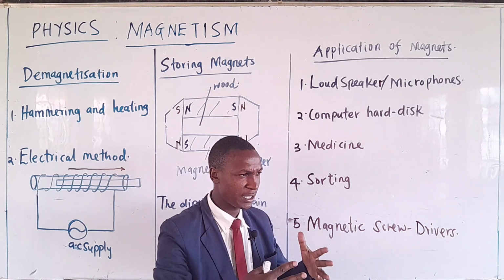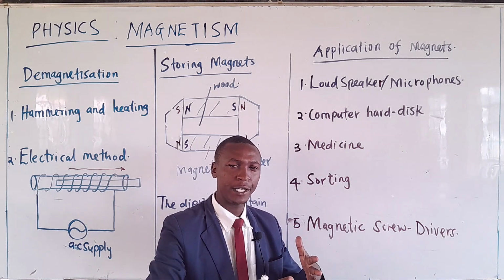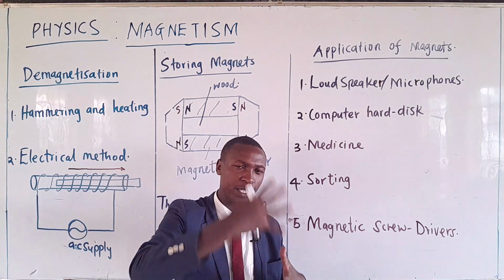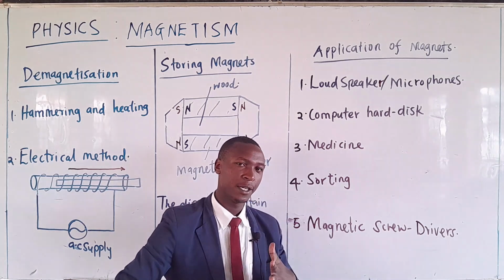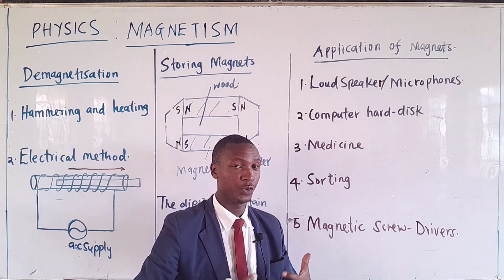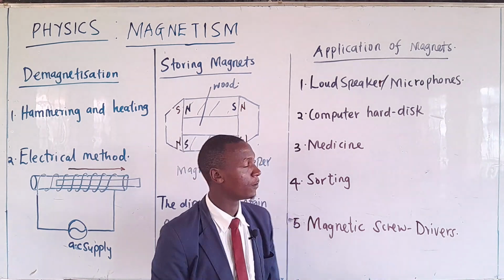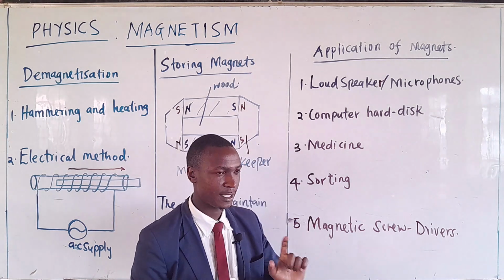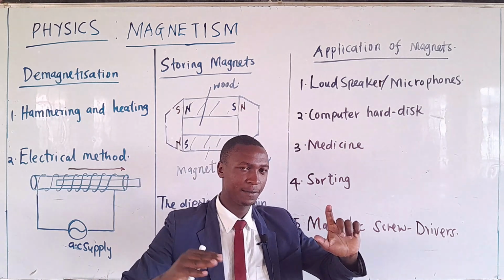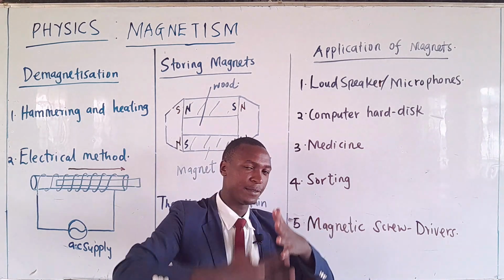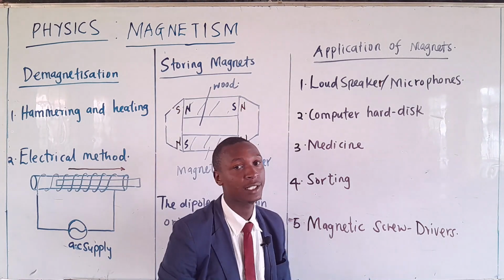So if you have a magnetic field and an electric field interacting and moving at a very high speed, they are going to produce sound. And so that is the main application, that the magnetic field and electric field intersecting at a given rate produce some sound.